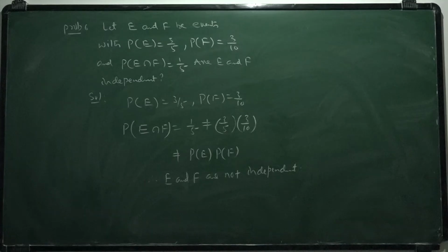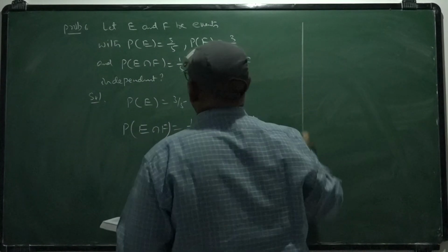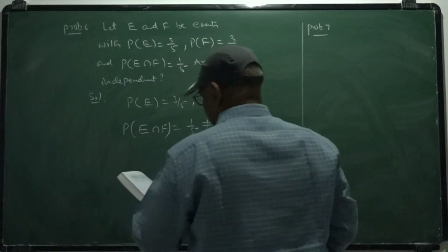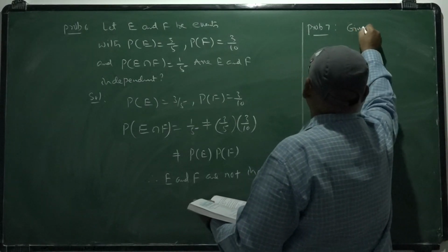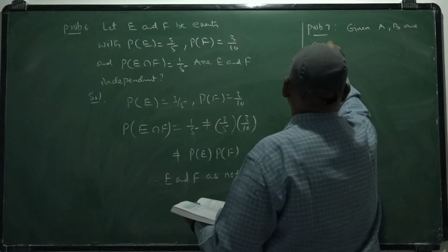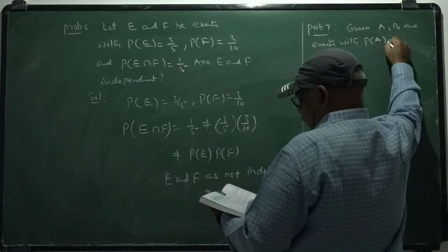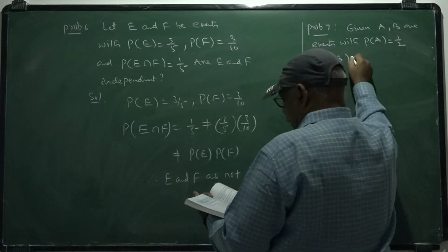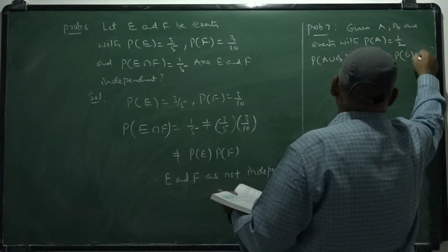Next one. Problem number 7. Given A, B are events with probability of A 1/2, probability of A union B is 3/5, probability of B is small p.